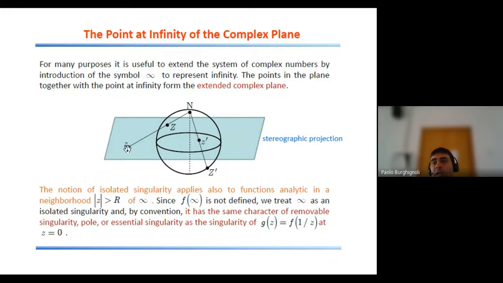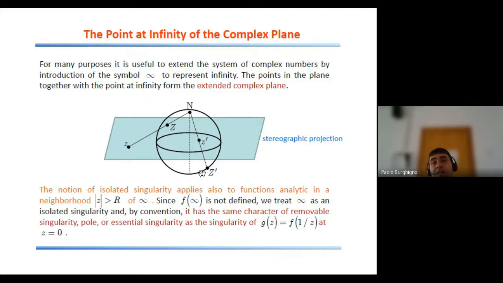As you can see, you get a one-to-one correspondence in which the points in the northern hemisphere of the sphere correspond to complex points in the plane which are located outside this unit circle. Whereas points inside the unit circle, like z prime, correspond to points on the southern hemisphere.